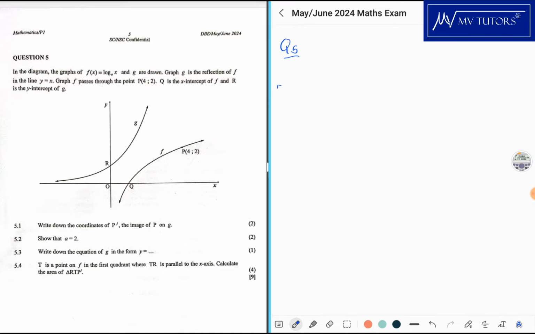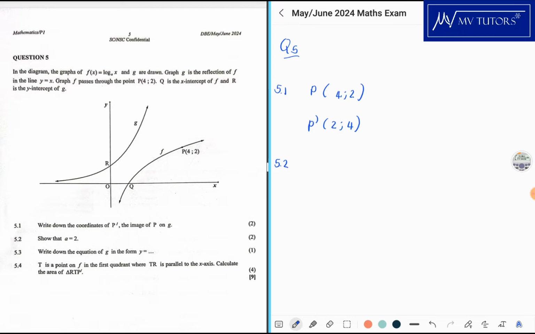Anyway, 5.1 says, write down the coordinates of P prime, the image of P on g. So if P is 4 and 2, what will P prime be? We're just going to swap because that's the inverse. So it's going to be 2 and 4.